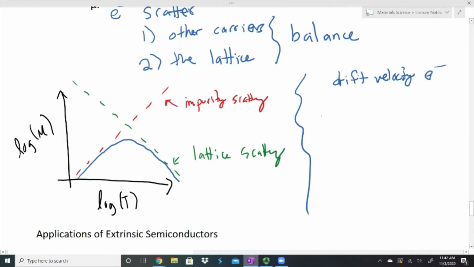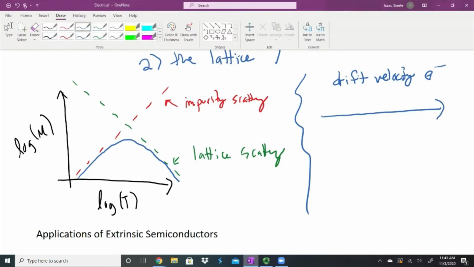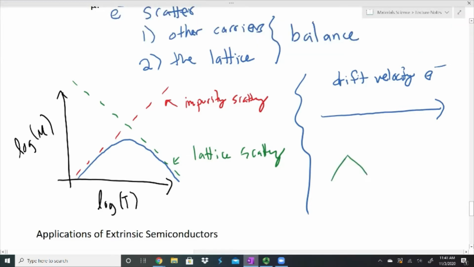The idea of drift velocity is how quickly an electron moves. The electron actually doesn't move in a straight line. It might bounce around a little bit, and so it's actually traveling much, much faster.